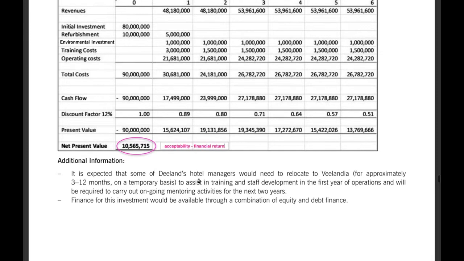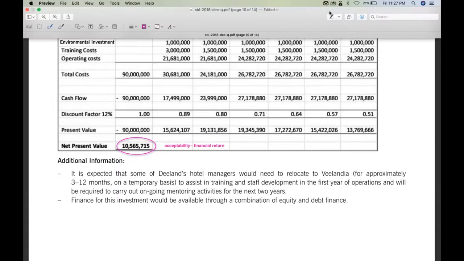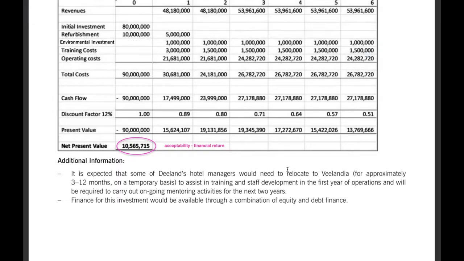What are the possible things that you may want? Here it says that Dylan's hotel manager will need to be relocated on a temporary basis to assist in training, and will be required to carry out ongoing monitoring activities for the next 2 years.